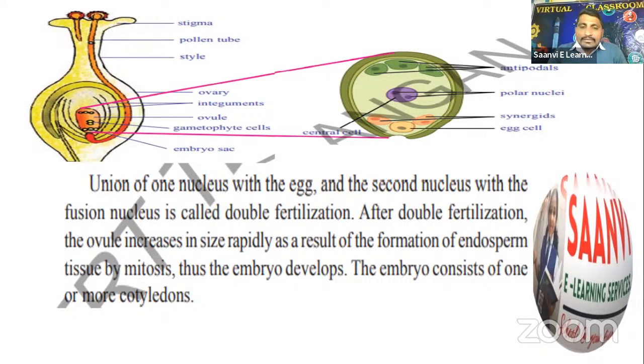So here, children, already I have discussed mitosis and meiosis. Mitosis is nothing but a double number. Meiosis is nothing but half in number. The embryo will develop.